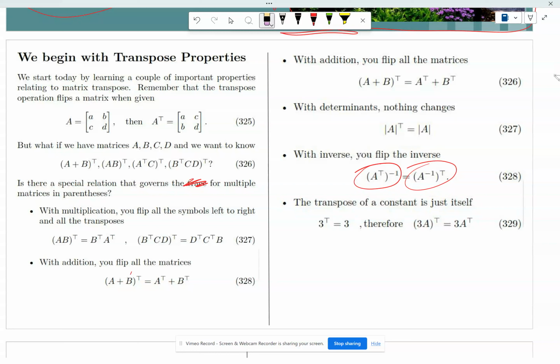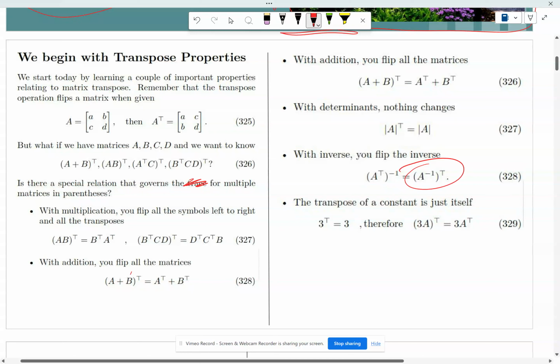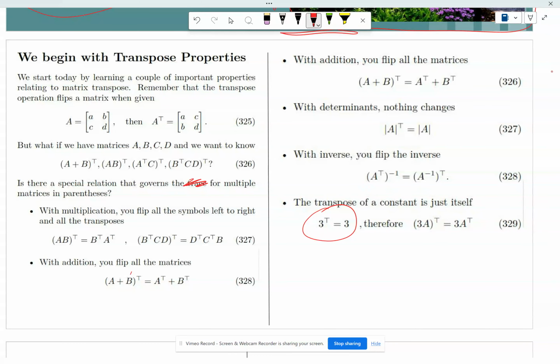And lastly, the transpose of a single value, like 3, is just itself. If you're doing the transpose of A times 3, then 3 stays by itself and A gets transposed. So these are all the transpose properties.